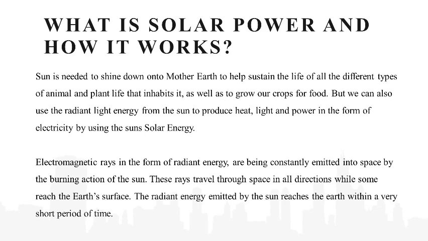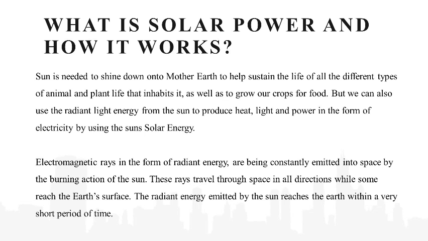But we can also use the radiant light energy from the sun to produce heat, light, and power in the form of electricity by using the sun's solar energy. That's how it works.